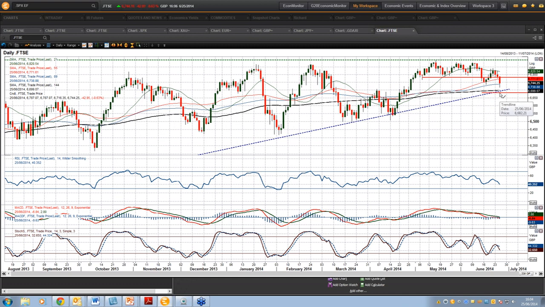Downside target of that top pattern is at 6,682. 144 at 6,700. So a lot of indicators there, and just for good measure, you've got this pivot level at 6,700 as well, which time and time again has acted as a level of resistance and then support. So 6,700 seems to be a fairly popular level on FTSE.